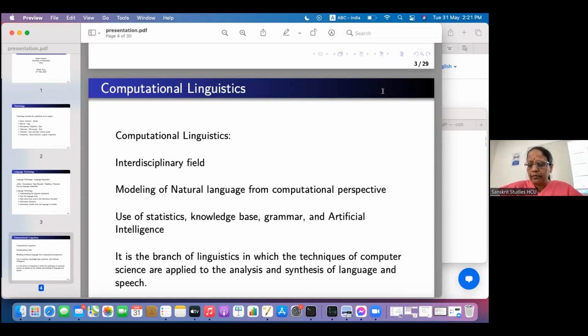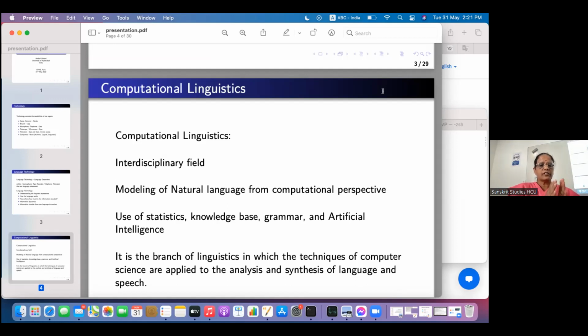At the same time, they also found that rule-based systems, the systems that were based on grammatical information, were not sufficient. And then there was a trend to use statistics, knowledge base, artificial intelligence, etc. And thus it led to interdisciplinary studies.